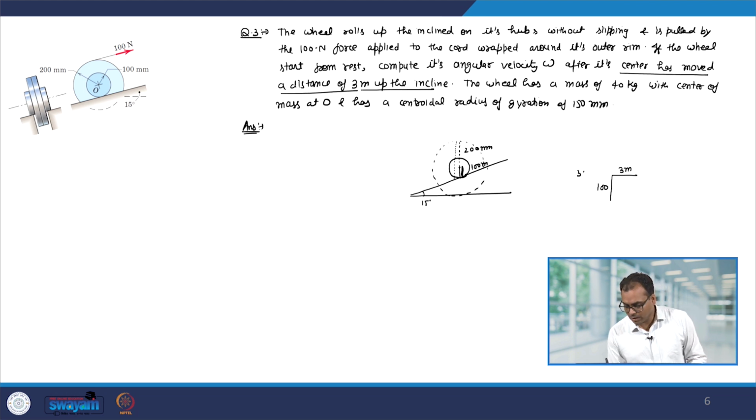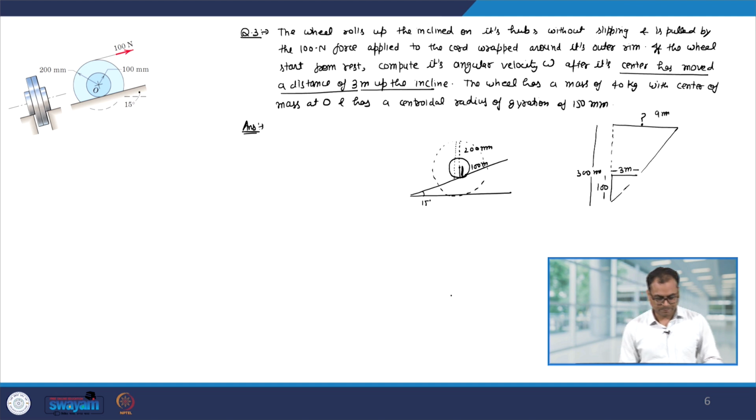In that case, how much will the outer rim move? You can find out from the very simple geometry that if this is 100, then this one is 3 meter. So, therefore, when this is 300 mm, then that will be 9 meter.